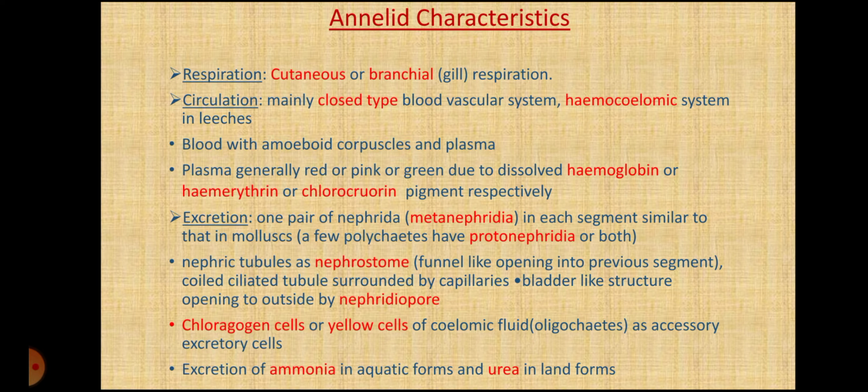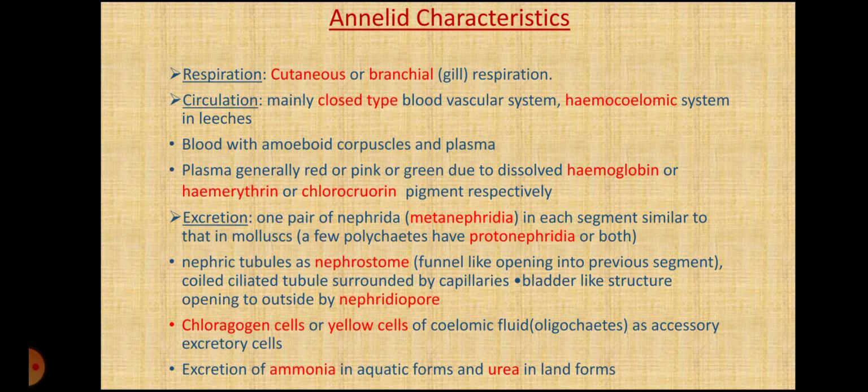In annelids, nephridia may be microscopic in size as in oligochaetes and called micronephric. But in many polychaetes like Nereis and leeches, these may be macroscopic in size and called macronephric. Both types of nephridia are excretory as well as osmoregulatory in function.